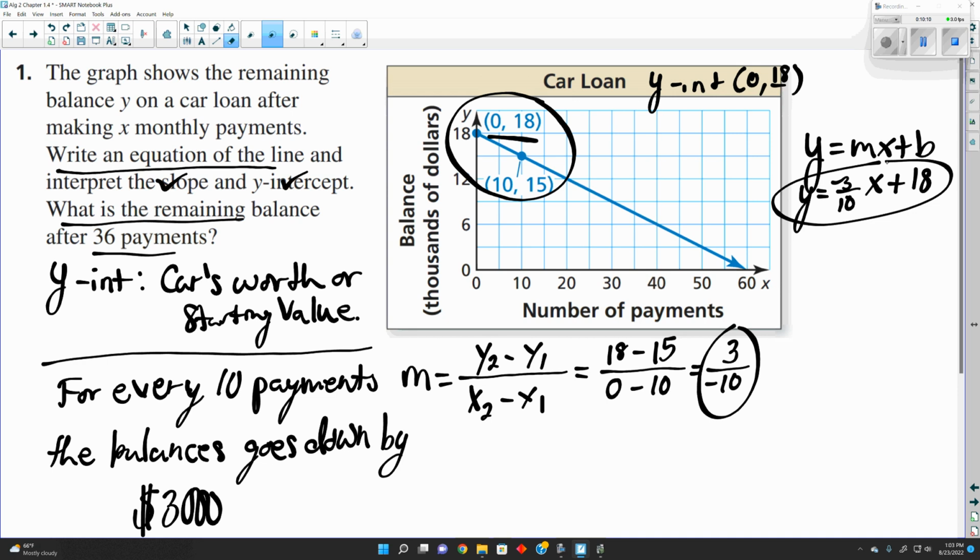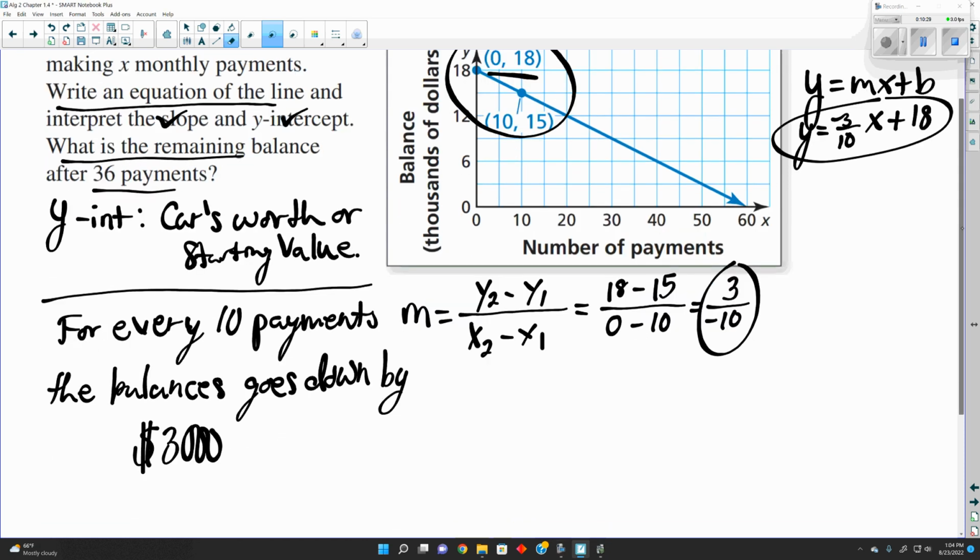We still could have gotten there. So 3 over negative 10 or negative 10 over 3, or 3 over negative 10. Yeah, no, they're the same. It's just where we're applying the negative. I like to put the negative on top just so we know what we're working with, or we can put it out front.